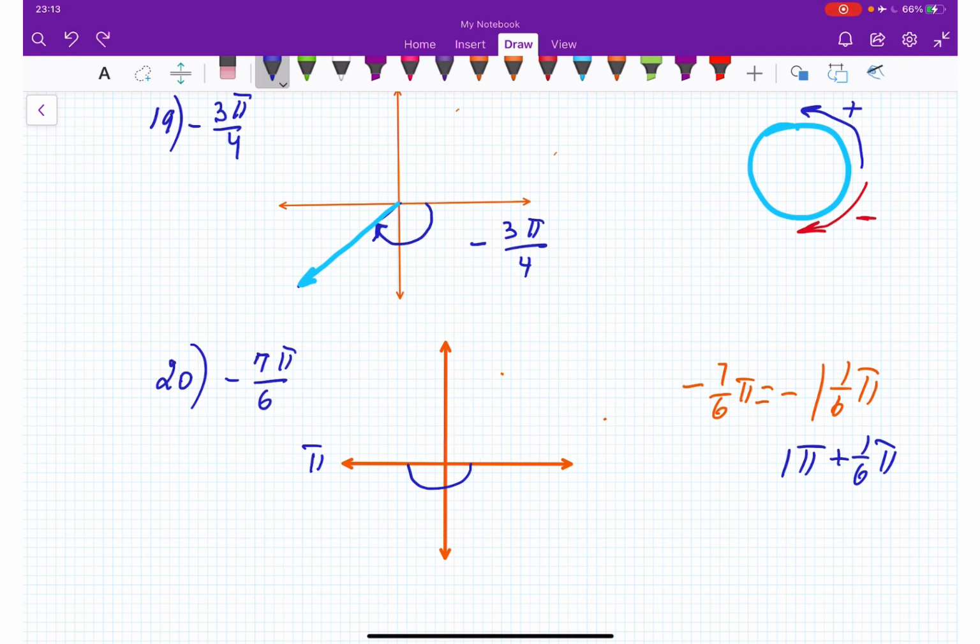If I'm dividing by 3, that means each angle is going to be 30 degrees, right? 1, 2. Okay, 6 pieces. And I'm picking only one. So it's coming right here.